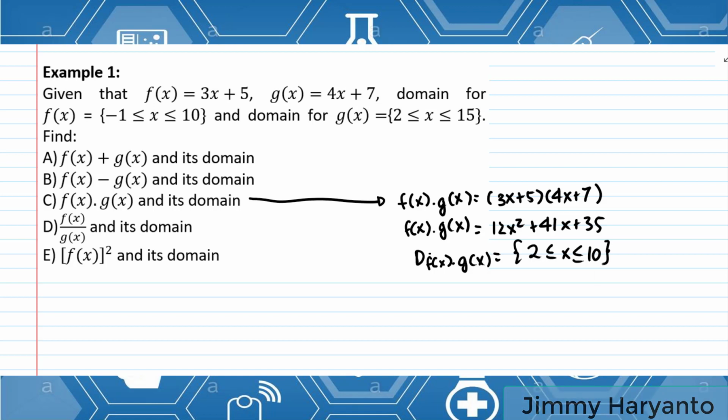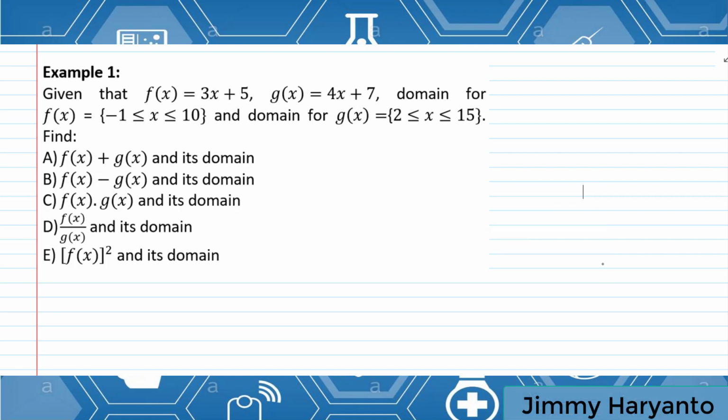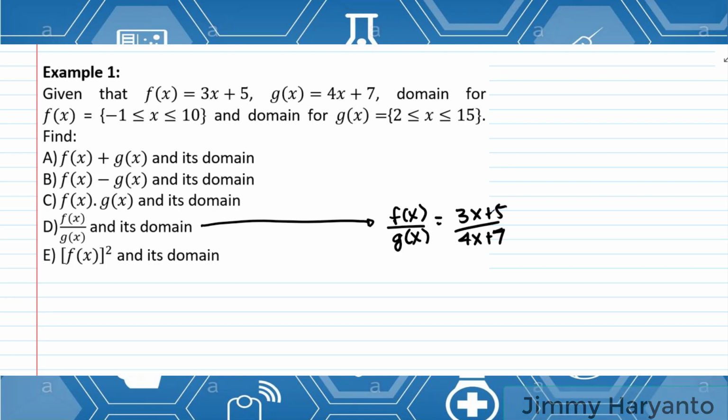Okay, next D is fx over gx. Fx over gx will be 3x plus 5 over 4x plus 7. So the domain of fx over gx starts from 2 until 10, but there is an additional condition for this one.